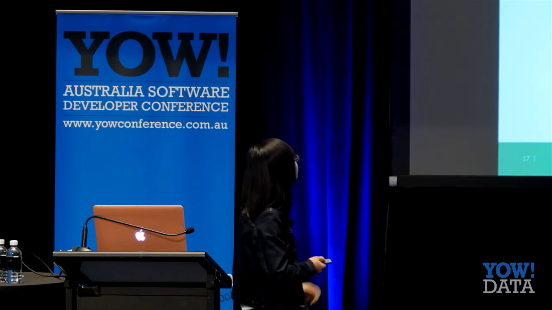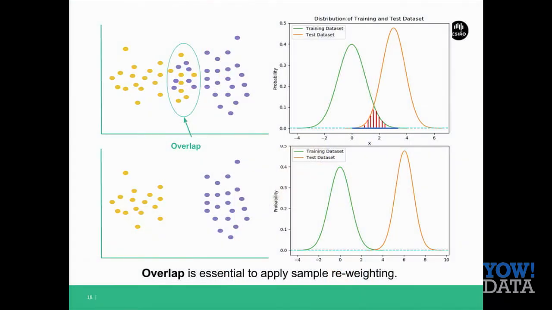So hopefully, after reweighting, the density for the training and query set would match, shown as the plot on the right-hand side. So one thing to bear in mind is that overlap between distribution of training and query set is essential to apply sample reweighting.